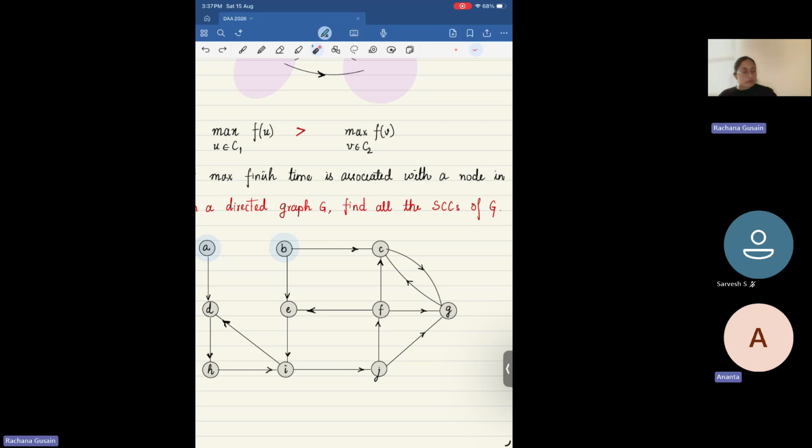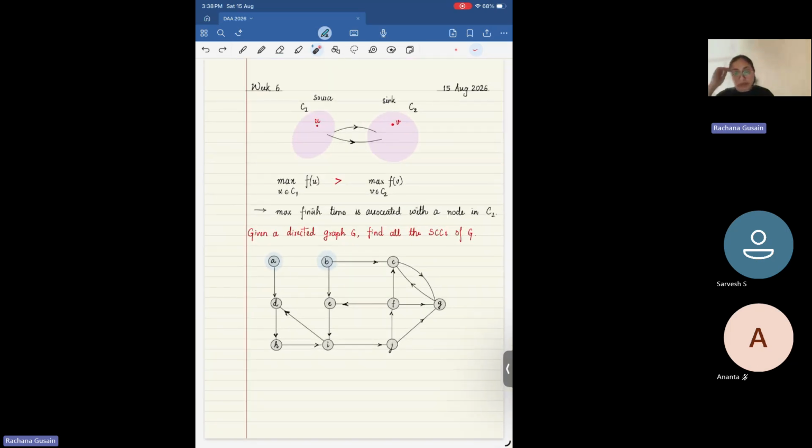Yes, ma'am. My screen is not visible, right? At least I cannot see my screen. Can you see the screen? Yes, ma'am. Okay, now I can see. How do I rotate it?